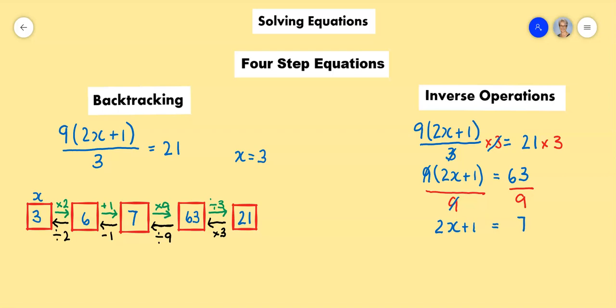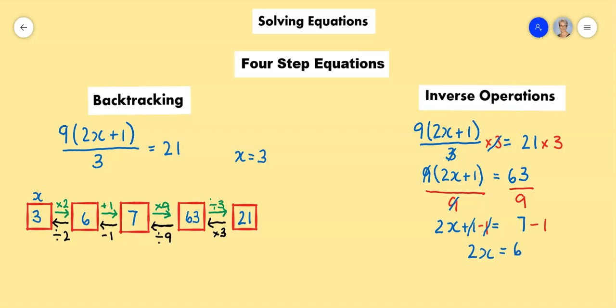The next thing we had to do was to minus 1. So we're going to do that to both sides. Minus 1 here, minus 1 here. Now, plus 1 and minus 1 will cancel out. So we are left with 2x is equal to 7 minus 1, which is 6.